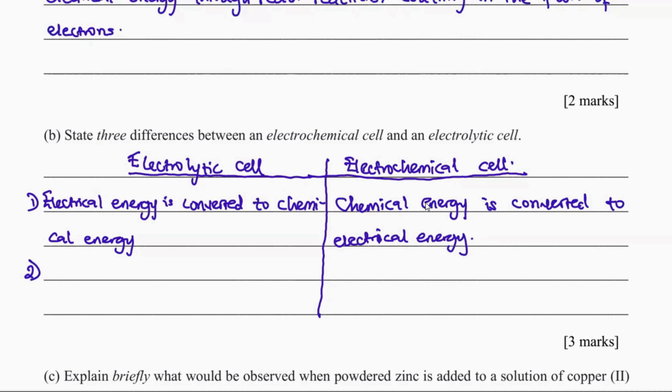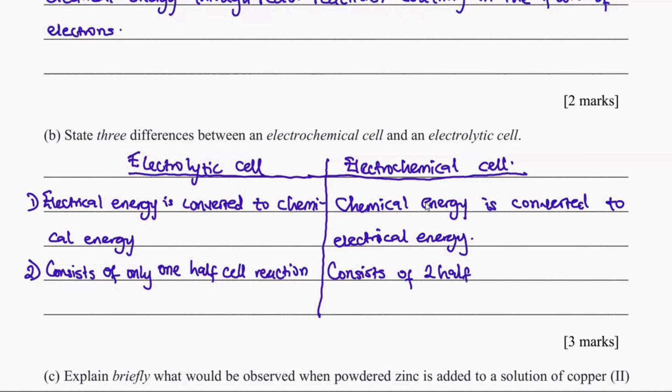Another difference is that the electrolytic cell consists of only one single half cell reaction, while the electrochemical cell consists of two half cells, of two half cell reactions.